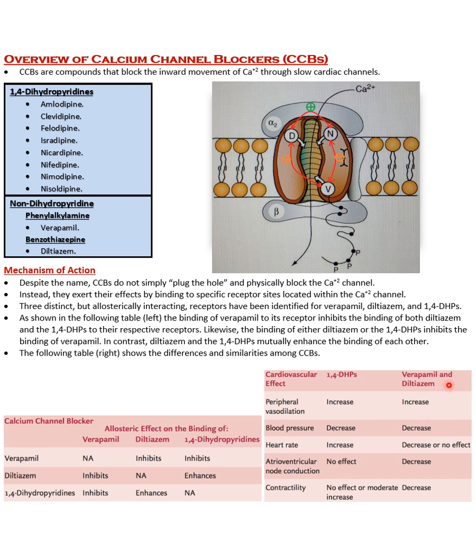On the other hand, verapamil and diltiazem cause vasodilation and reduce the blood pressure, but they also block the SA-AV node, and as a result, they decrease the heart rate as well as the contractility of the heart. This is the major pharmacological difference between these two.